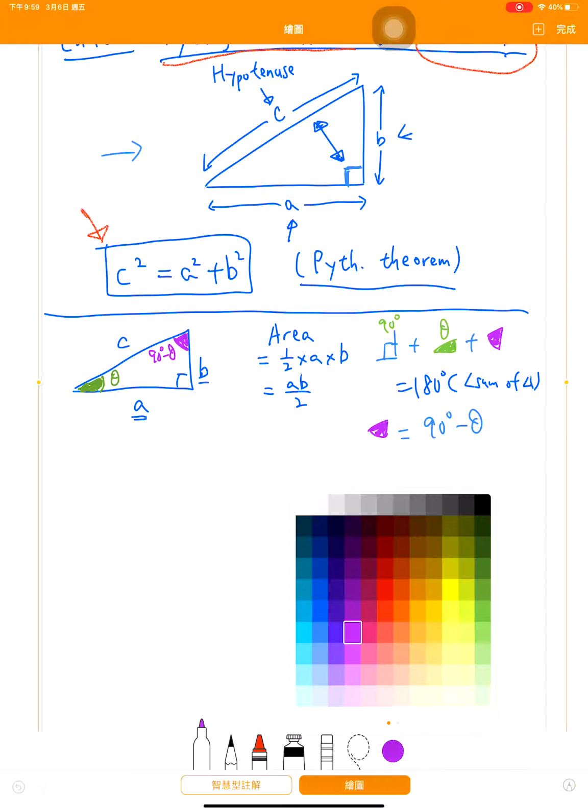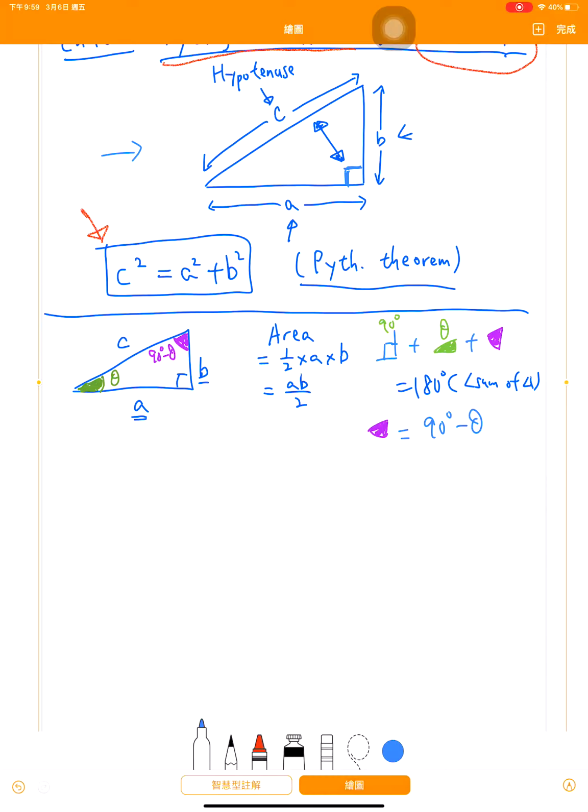Okay, now you know these two, then we can prove it to you. You should remember these three angles added together will be 180 degrees, and that's enough. Also for this triangle, the area is AB over 2.